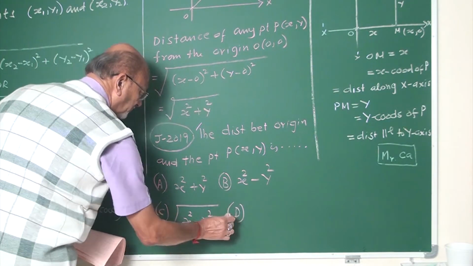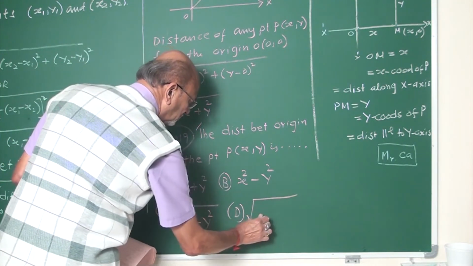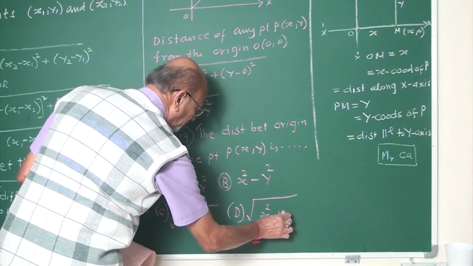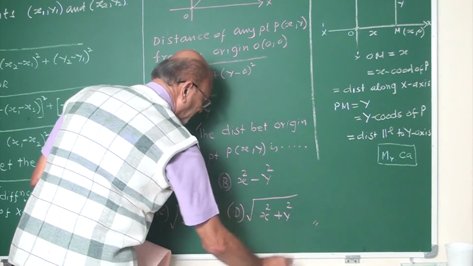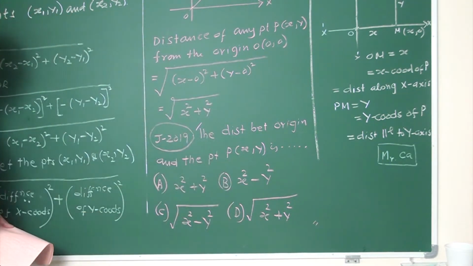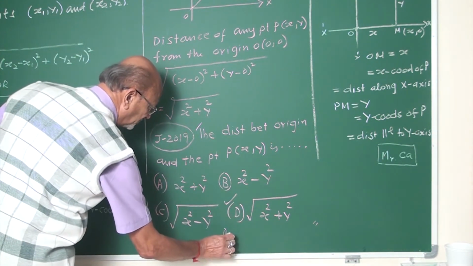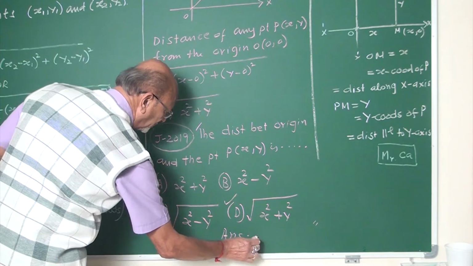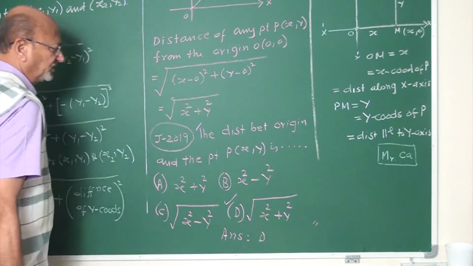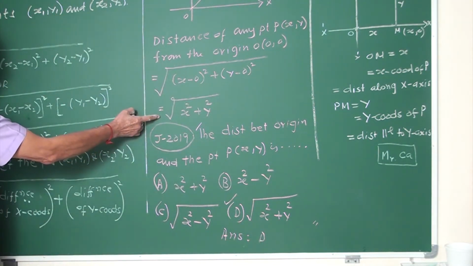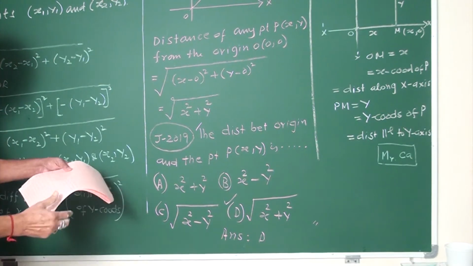Fourth option, square root of x square plus y square. Yes, my friend, you know the correct option. Which is the correct option? The correct option is D. The answer is option D. This is how it appeared.